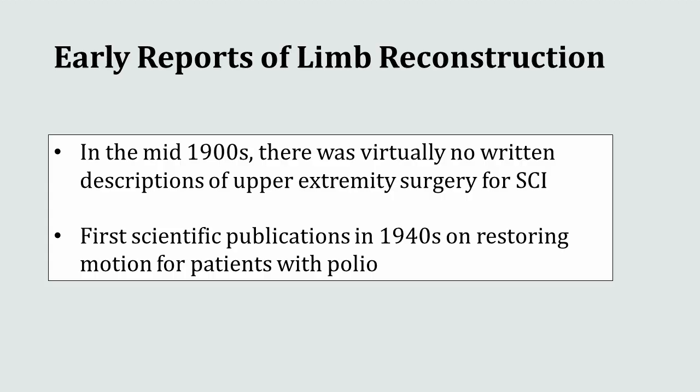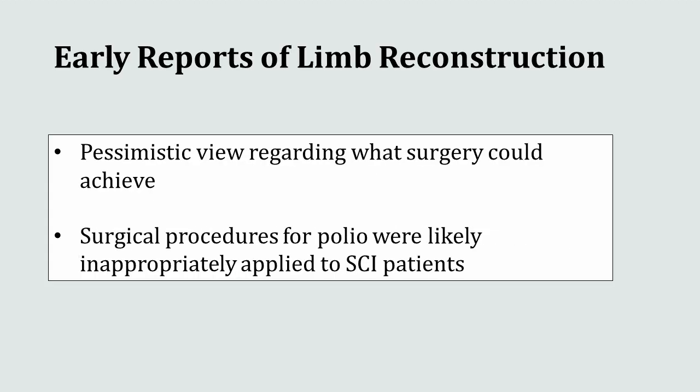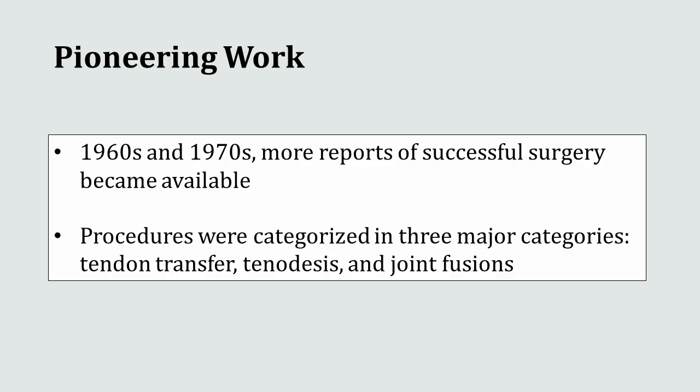And for a long time, there was a very pessimistic view about what surgery could achieve in the spinal cord population. And likely this is because procedures were misapplied to a patient that did not have polio. And so it was just a different patient entirely. It wasn't until the 1960s and 1970s that a lot of reports of successful surgery started coming out. And those were categorized into three major categories that we still use today: tendon transfer, tenodesis, and joint fusions.